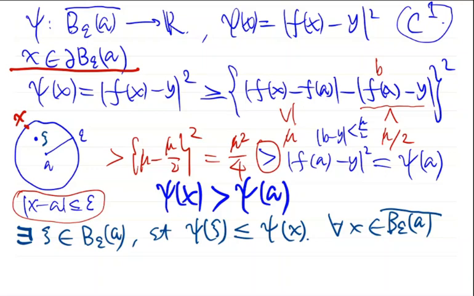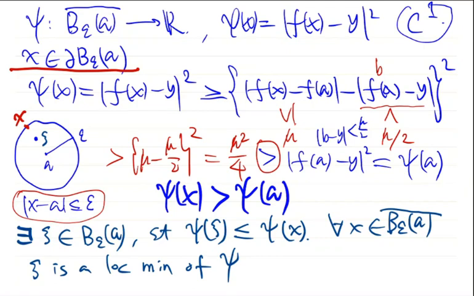Okay, so as an interior minimum point, this is a local minimizer. This point C is a local minimizer of Psi. Actually, it is a global minimizer.